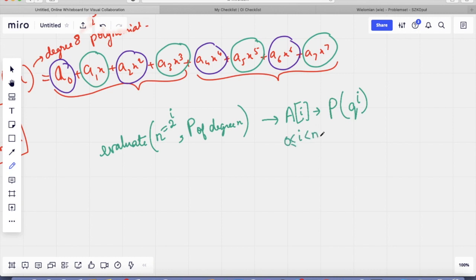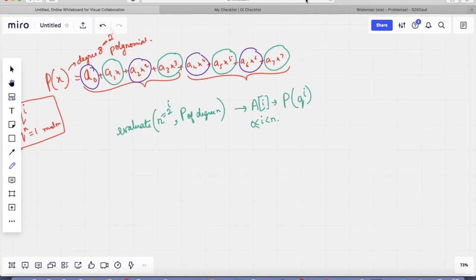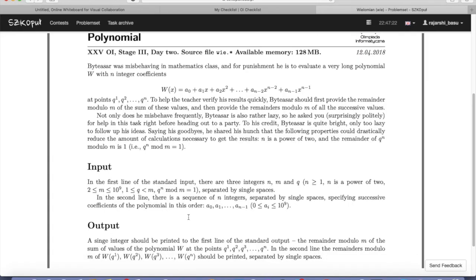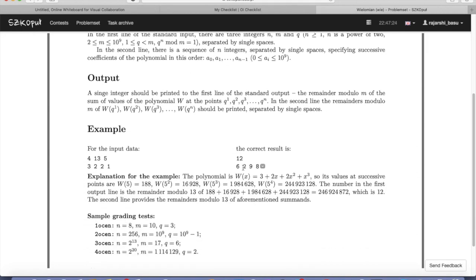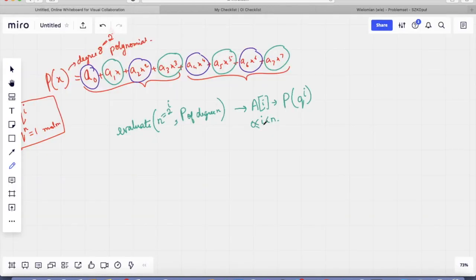till n. For our final answer, we were asked to calculate the polynomial for every point, right? So every point q^1, q^2, q^3 up to q^n. Obviously q^n is the same as q^0, right? Why? Well, q^n is just 1, notice that we are always doing it modulo m.